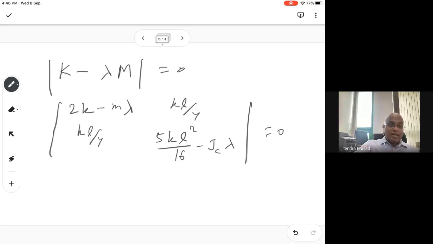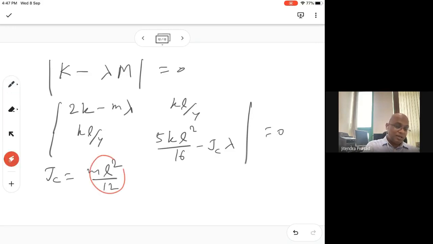Remember that we also have JC given. JC is ml square over 12, it is given in the question. So we can put this value here also.